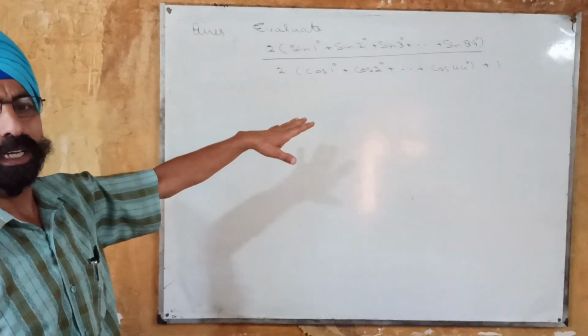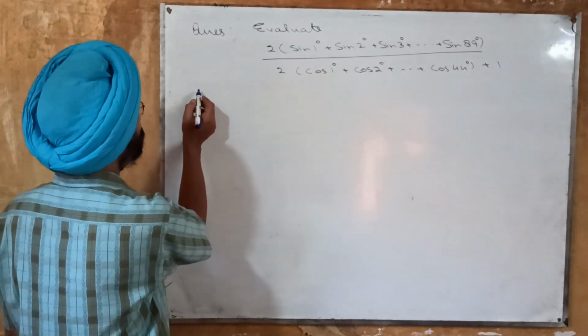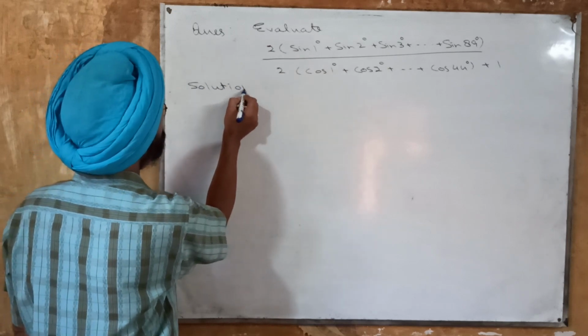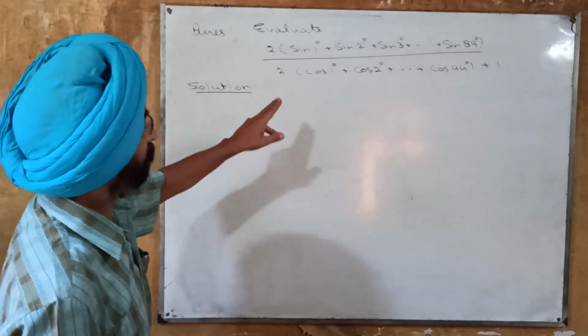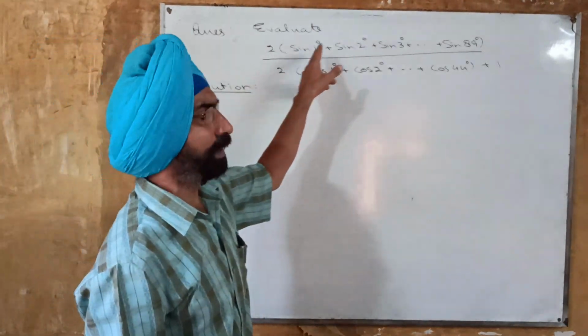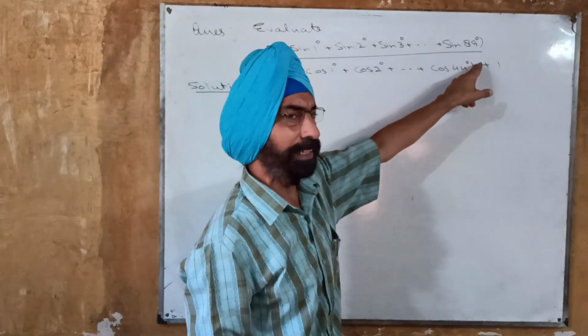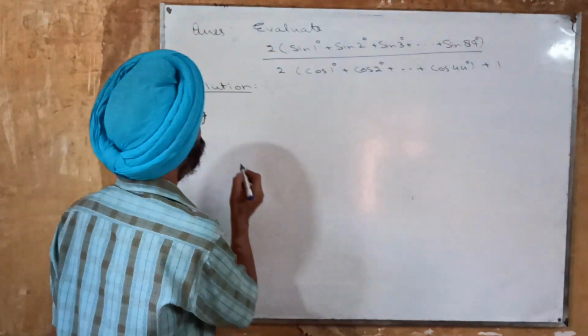The question is looking a little bit tricky, and yes, it is a tricky question. So how to solve it, how to evaluate it? What trick will we use now? We will make pairs of the terms in the numerator. I will make a pair of sin 1 degree with sin 89, sin 2 degree with sin 88 degree and so on. So what you will get?